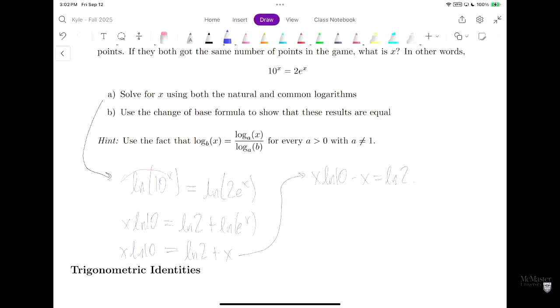So x times the ln of 10 minus 1 is the ln of 2. And we can now divide by that constant multiple. So x is equal to the ln of 2 divided by the ln of 10 minus 1. And that's our final answer.